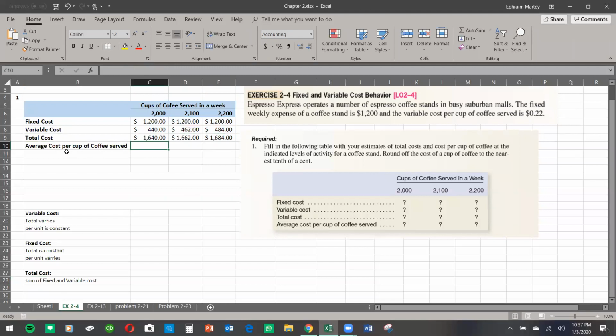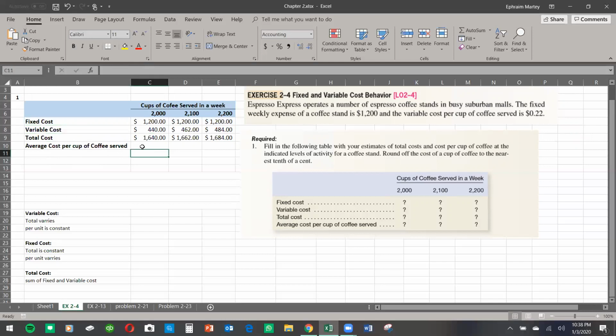Now, average cost per cup of coffee served. Here, we are asked to find the average for the total cost. We were not finding the average for variable costs. If it were so, the book would be specific with average variable cost.